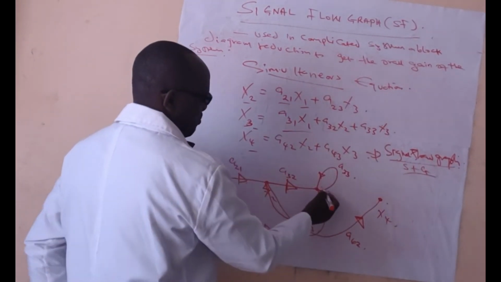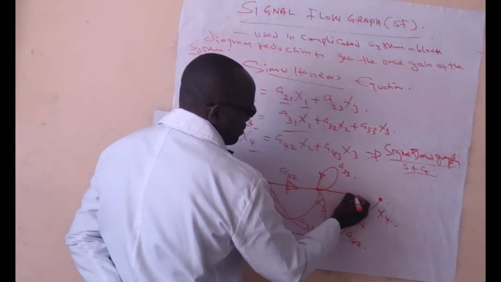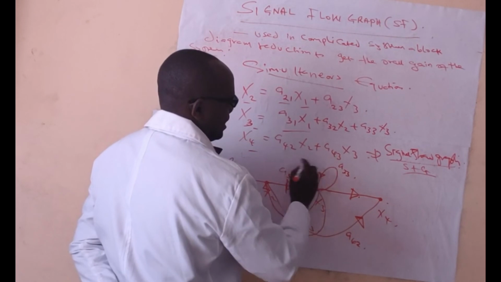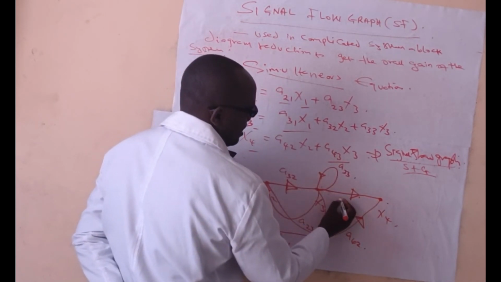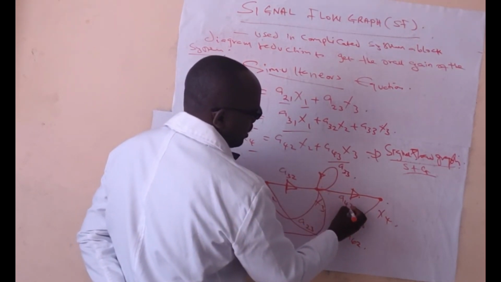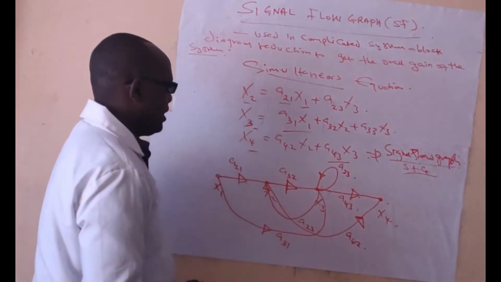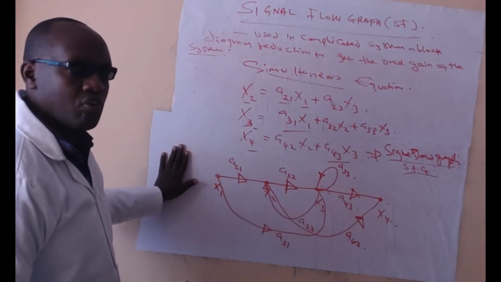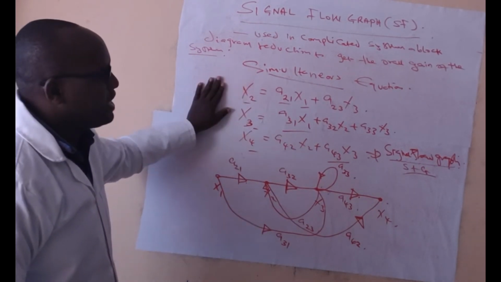It means this is from here going to x4, and the gain is a43. From there we have come up with the signal flow graph of the simultaneous equations.